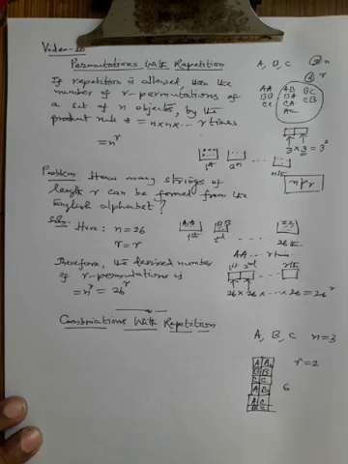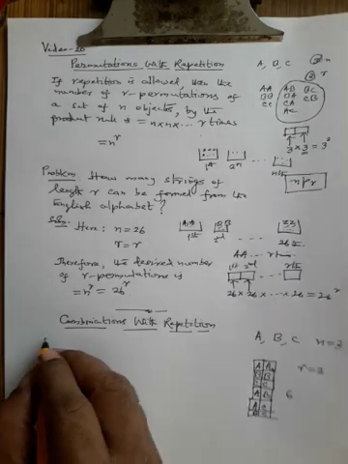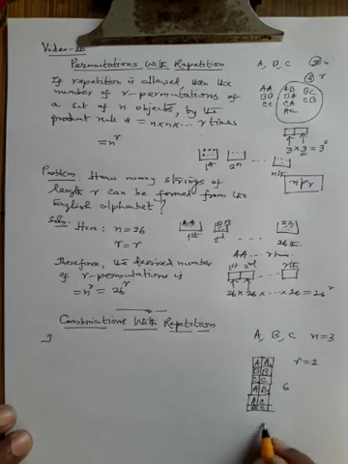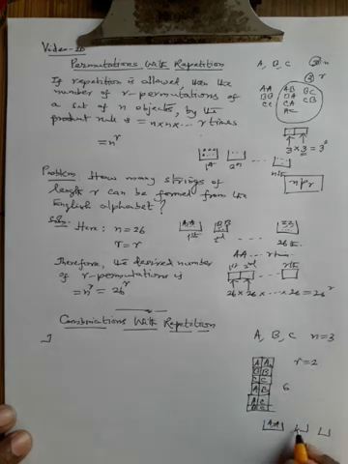Combination with repetition. If we have 3 different objects, then we have it like this. So many A's are available, at least a minimum of 2 A's, 2 B's, 2 C's, so that you can take all 2 from this group.